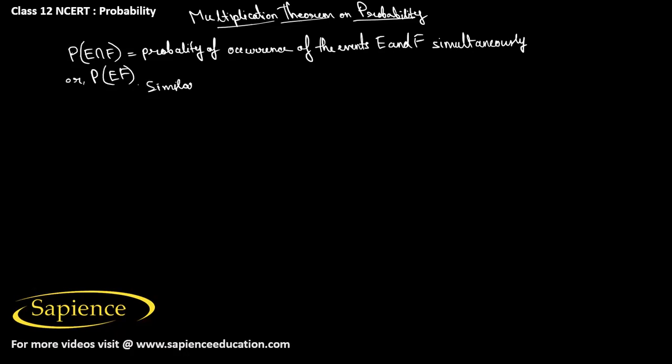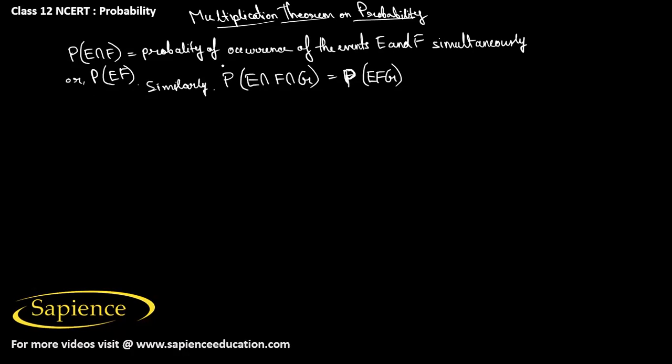Similarly, if we need to find P of E intersection F intersection G, suppose we have three events, that can also be written as P of EFG, and so on.